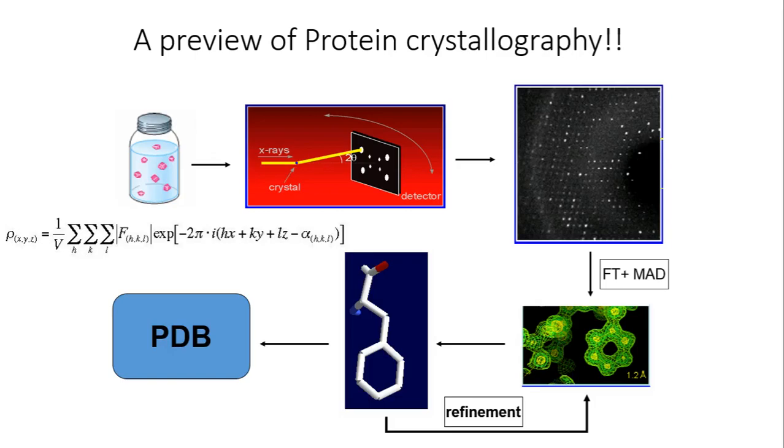Protein crystallography is a biophysical technique that is used to determine the structure of a given macromolecule. It can be either a protein or a nucleic acid or any biological macromolecule. So the scientific community generally uses protein crystallography for determining the structure of many different biomolecules.